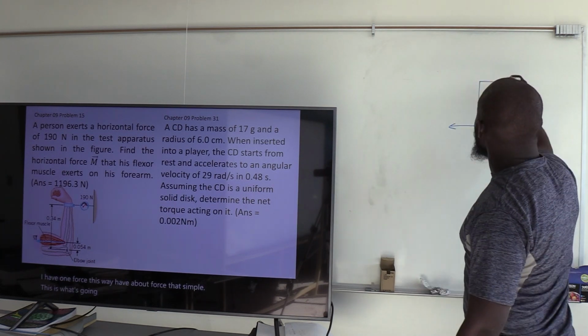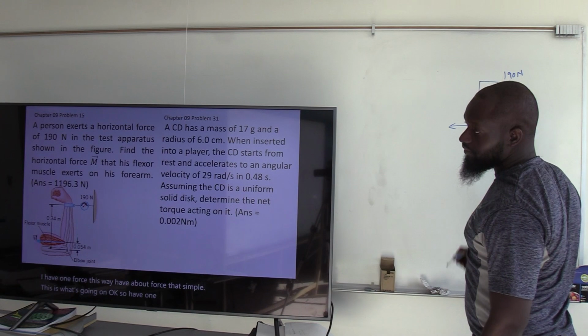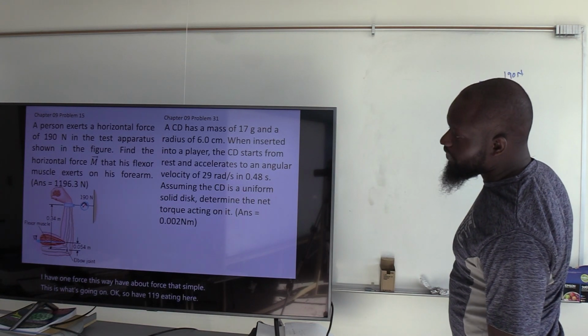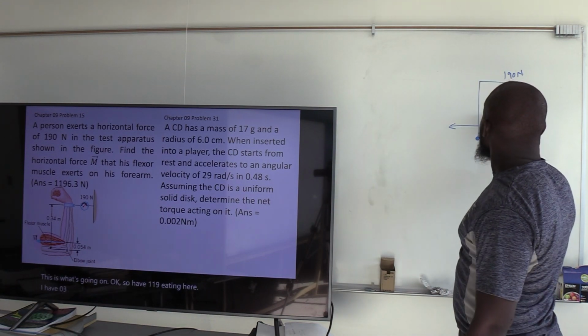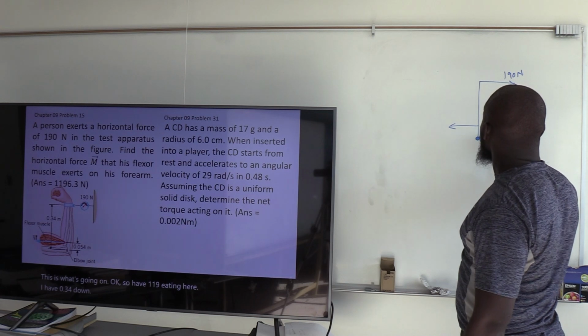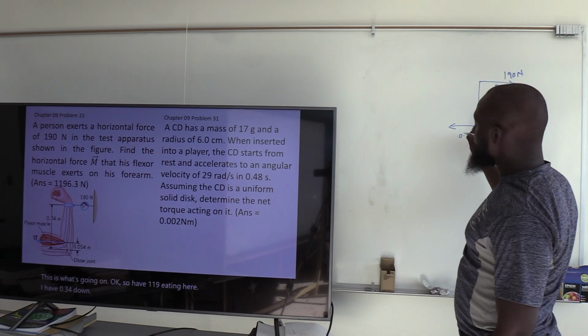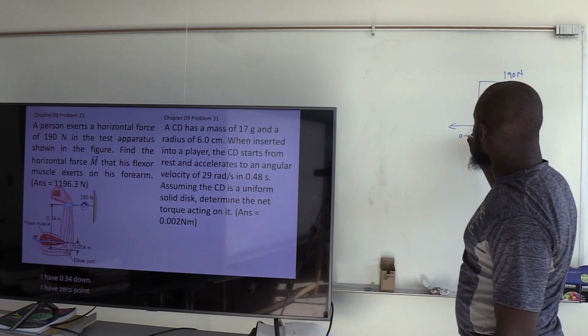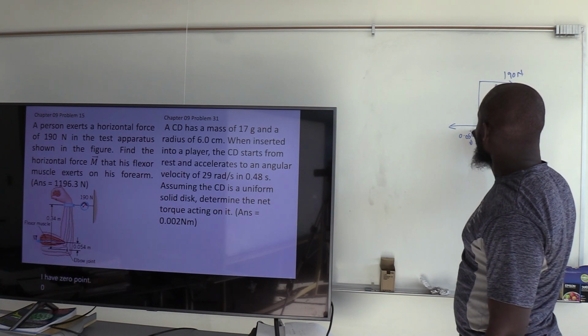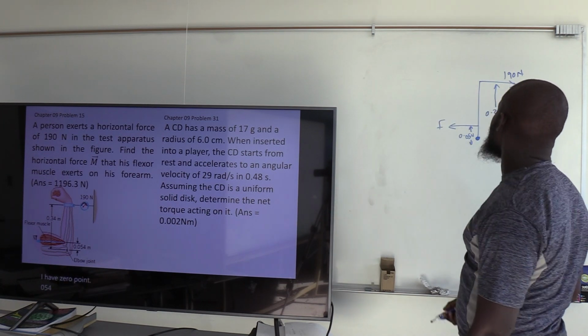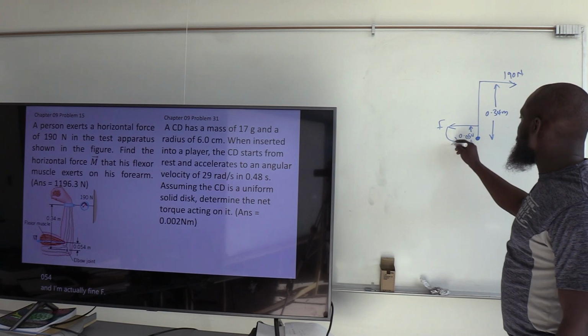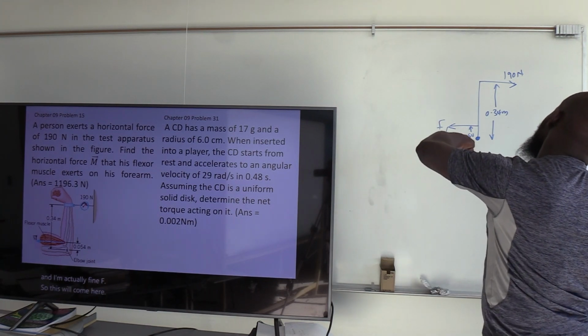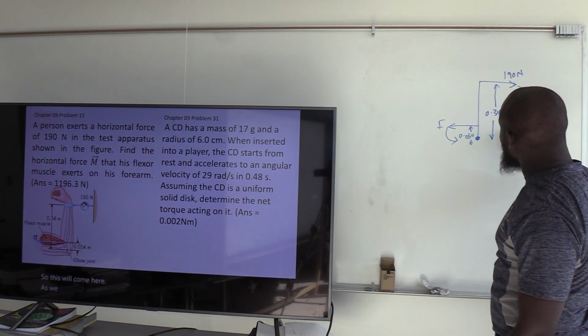So I have 190 newtons here, I have 0.34 down, and I have 0.054 here. And I'm asked to find F. This will go counterclockwise, and this one will go clockwise.